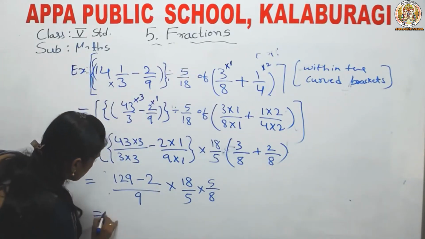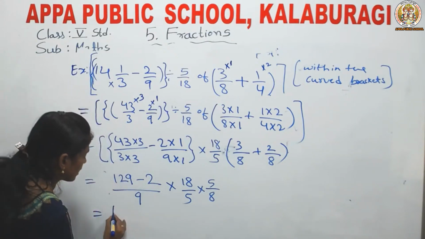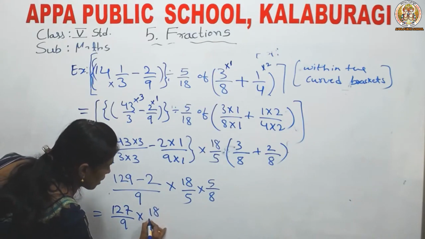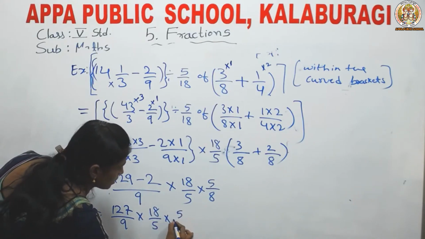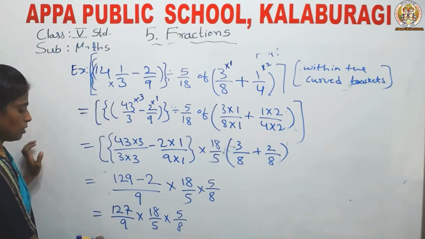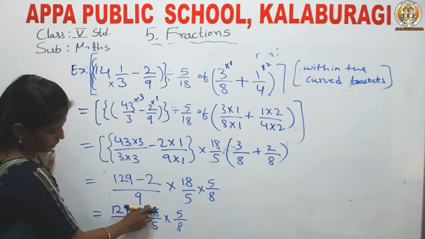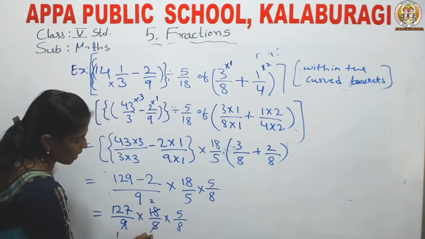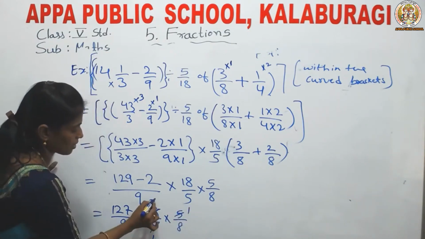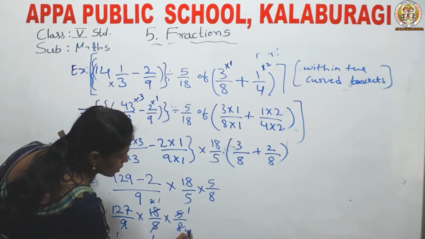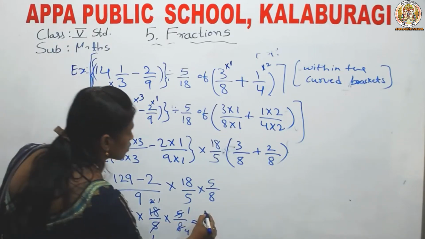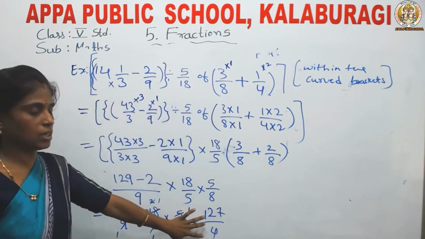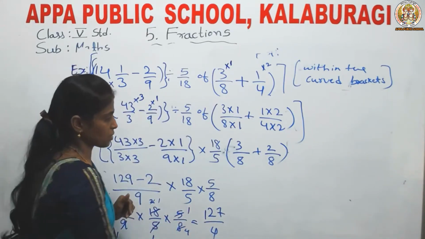Here 129 minus 2, we get 127 divided by 9 into 18 by 5 into 5 by 8. These numbers get cancelled. See here, 9 ones are 9, 2s are 18, 5 ones are 5, and here also 5 ones are 5. Here also 2 ones are 2, 4s are 8. The remaining number is 127 divided by 4. Convert this number into a mixed fraction.